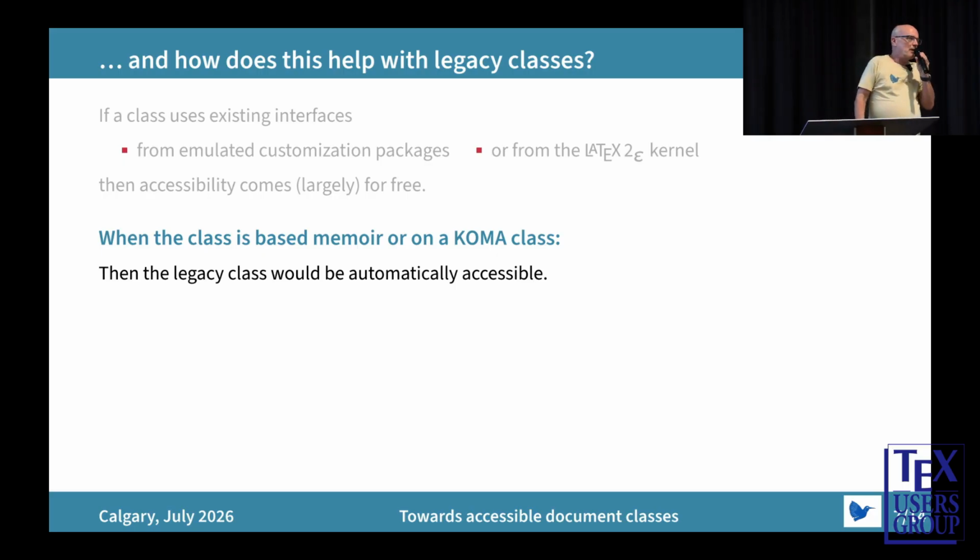And then we have the memoir class, and we have the KOMA classes, and there the situation is in some sense the same as with these things like titlesec. We have to look at the interfaces of those classes. What are they doing? How are they doing it? And then we either have to emulate these interfaces, or we have to work with the class developers for KOMA and for memoir, and put some accessibility sockets directly into the class.